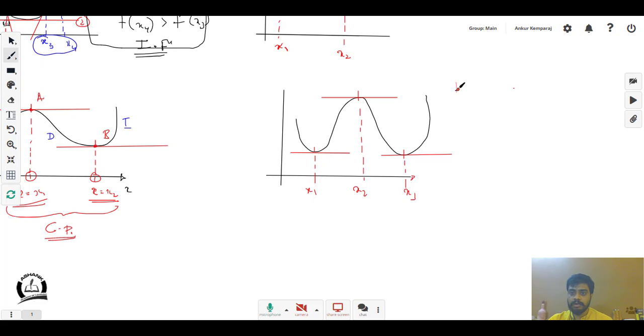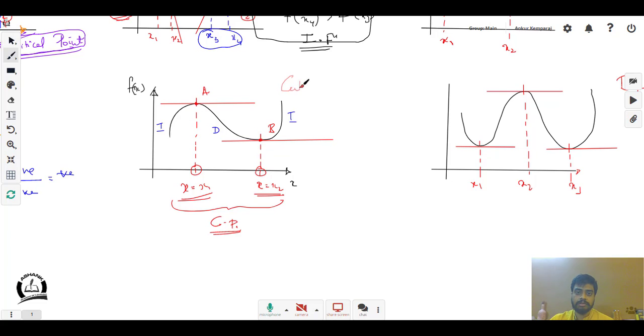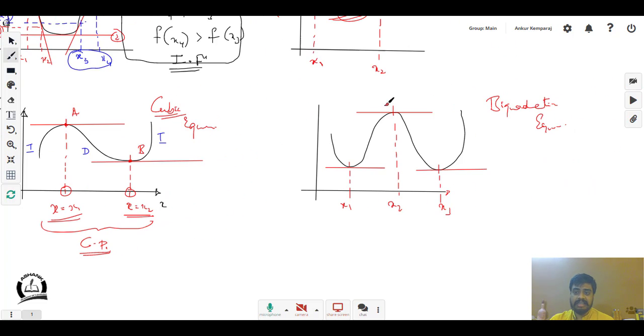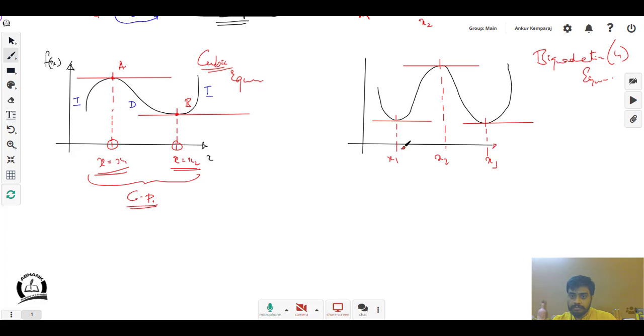This is a biquadratic equation, and this is the cubic equation. So the degree of this equation is 3 and the degree of this equation is 4. Right. So now again, let's call these points A, B, C.